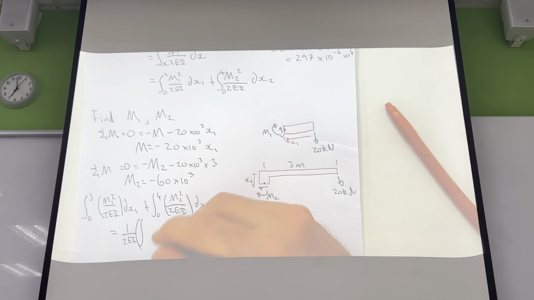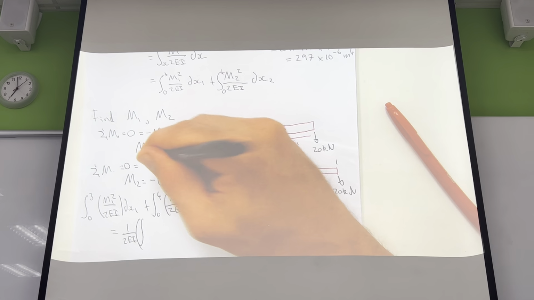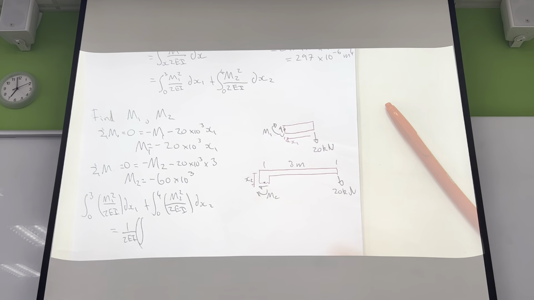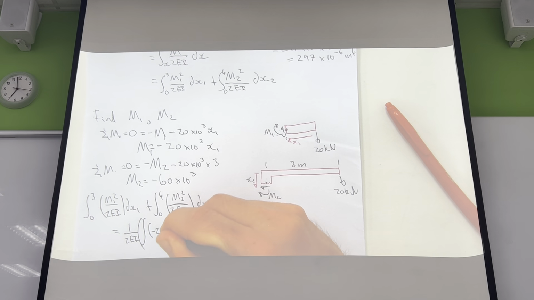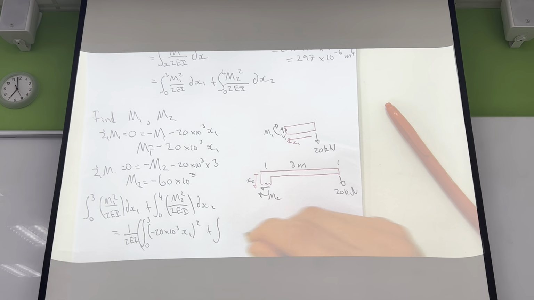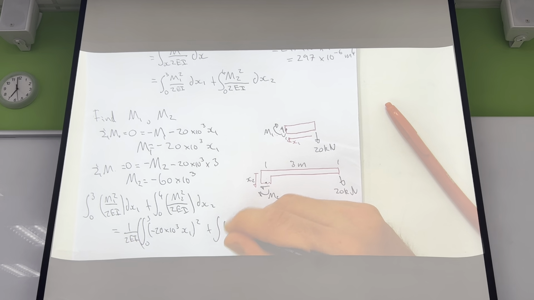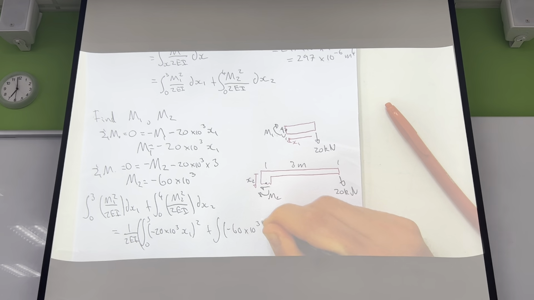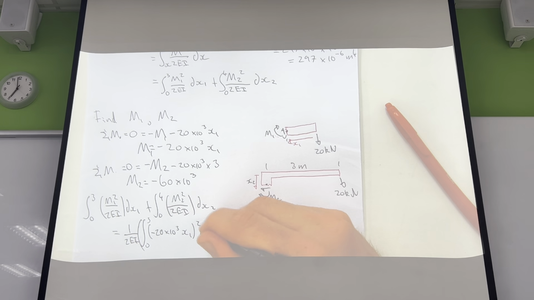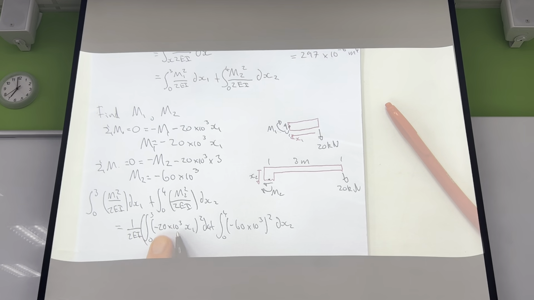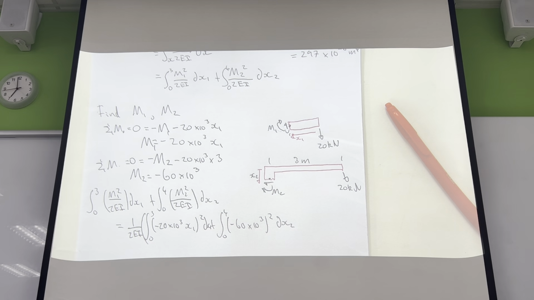So M1 is negative 20 times 3 x1 squared goes from 0 to 3 plus M2, which is just negative 60 times 3 squared dx, 0 to 4 dx. They're pretty easy. Once we square it, these are constants. We can take that out.